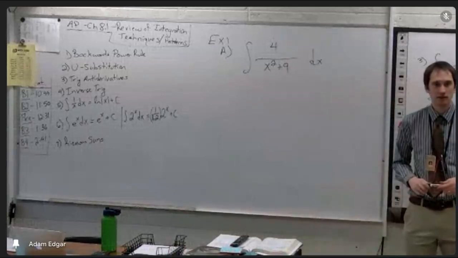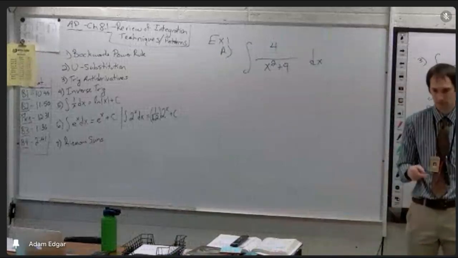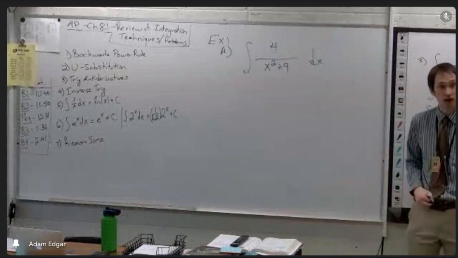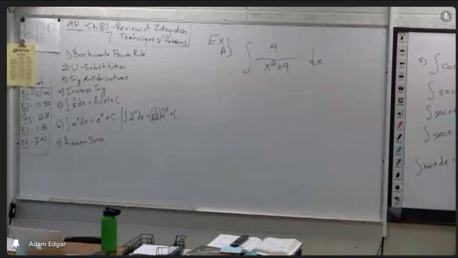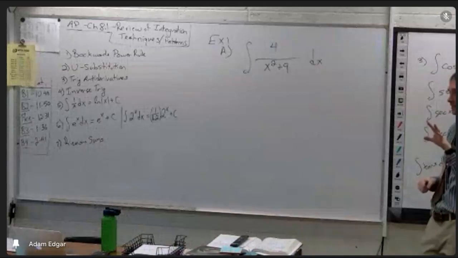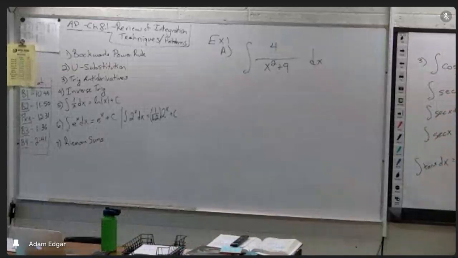What does the four do? It's just a multiplier. You can pull it out if you want to. So that's going to be the inside of the inverse trig function. You have to figure out what the inverse trig function around it is.